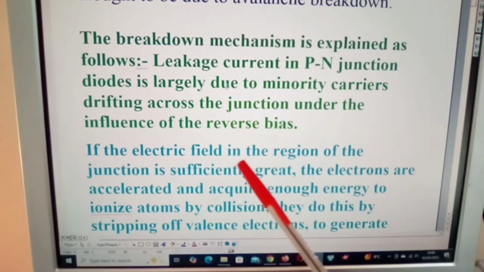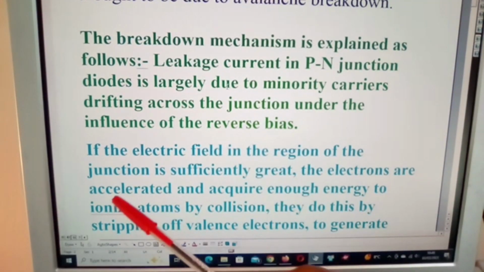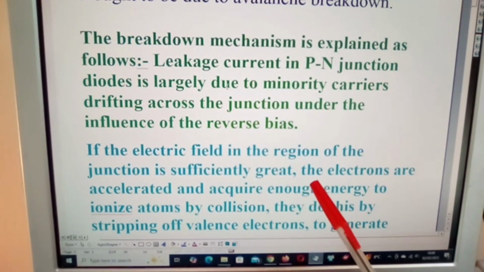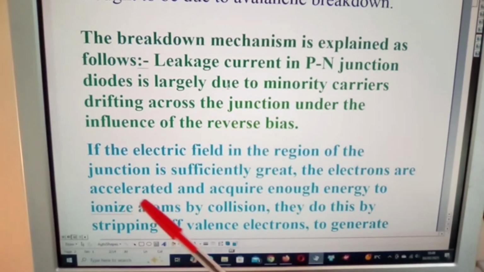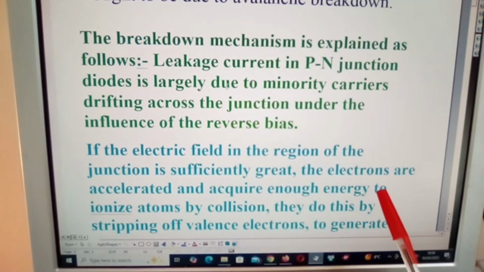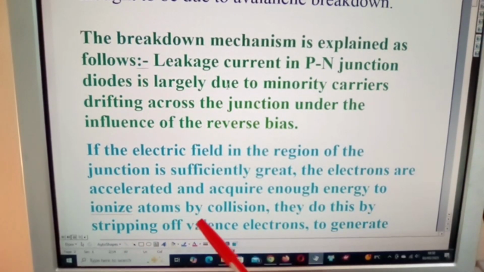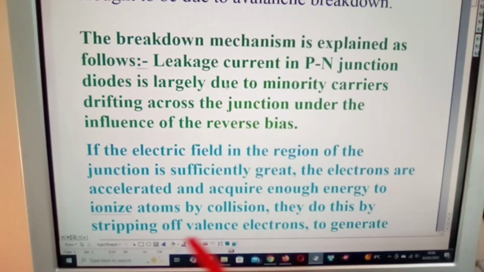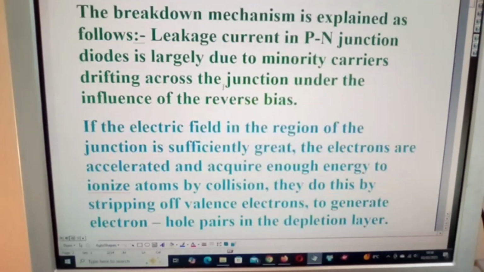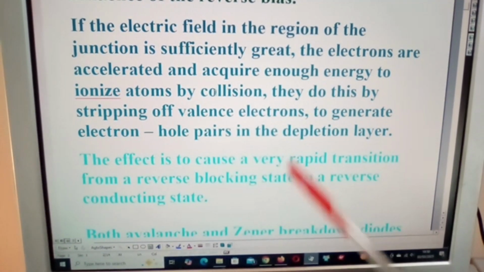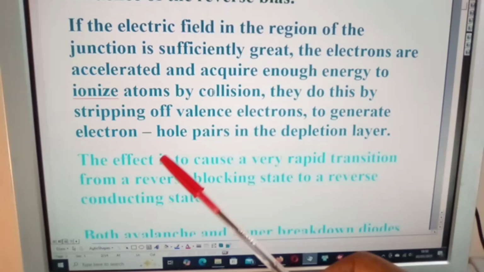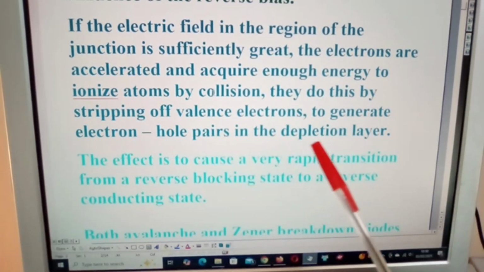If the electric field in the region of the junction is sufficiently great, the electrons are accelerated and acquire enough energy to ionize atoms by collision. They do this by stripping off valence electrons to generate electron hole pairs in the depletion layer.